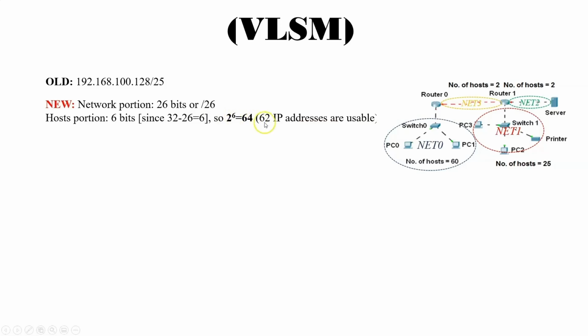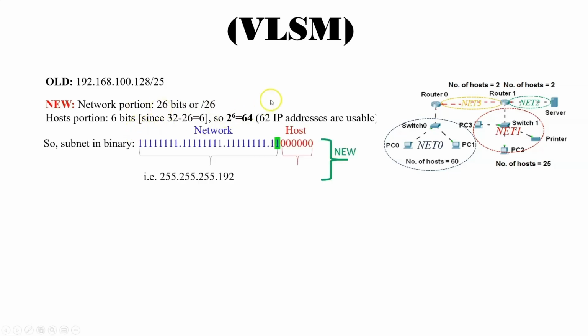If we subtract 2 IP addresses, one for the network ID and the last one for the broadcast, that makes it 64 minus 2, 62 usable IP addresses. So we have 2 to the power 6, that is 64 possible IP addresses, if we borrow 1 bit from the host and give it to the network to make the network 26 bits.